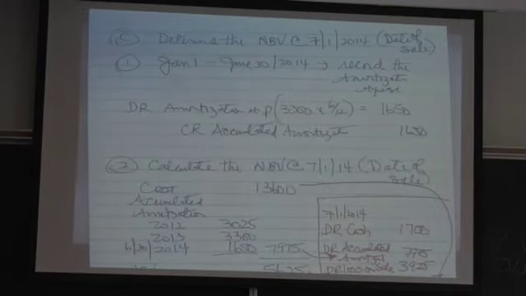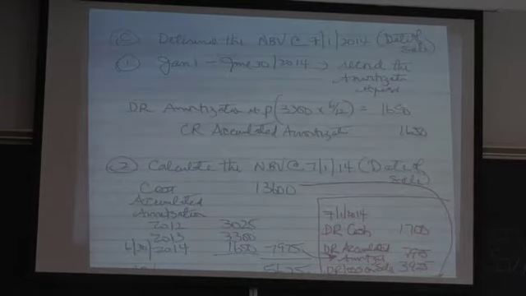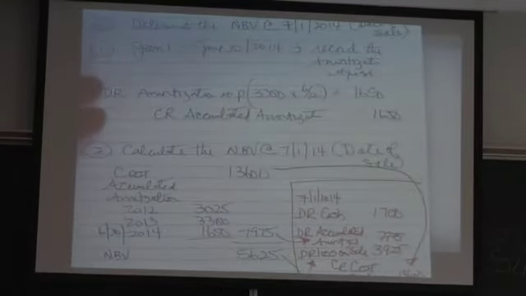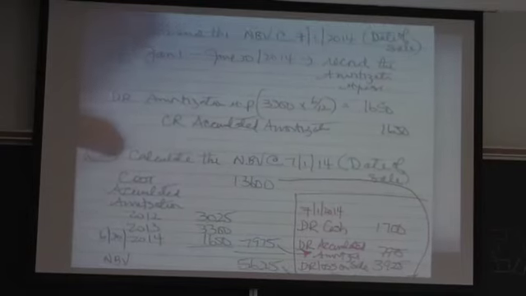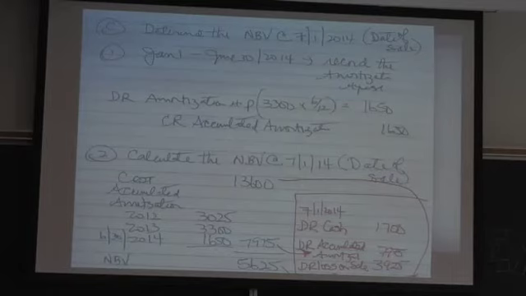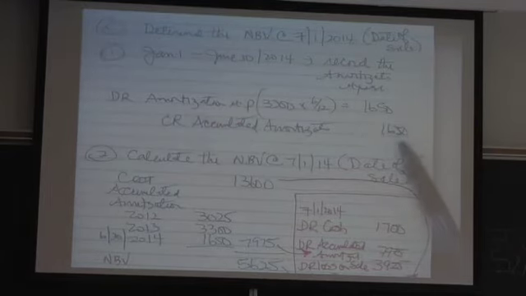In our case, it would have been January to June 30th. So this is always an important step because this is a step that students often miss. So first you need to record the amortization, and of course it's partial year. It's $3,300 was the yearly amortization times 6/12. That gives us the amortization for 6 months, brings us to June 30th, or July 1st.